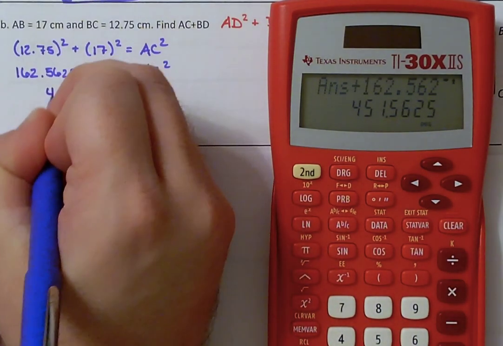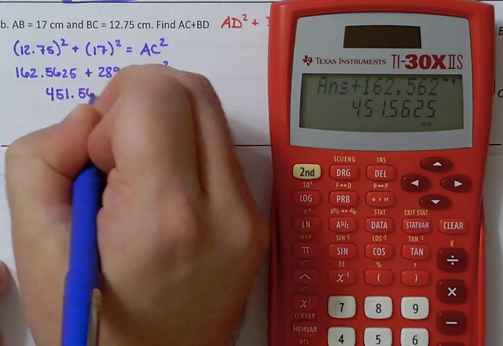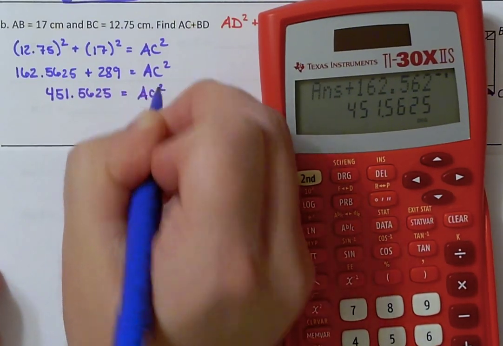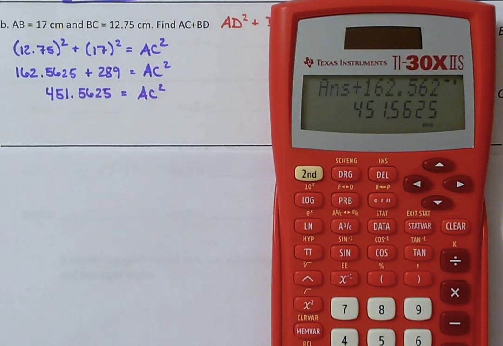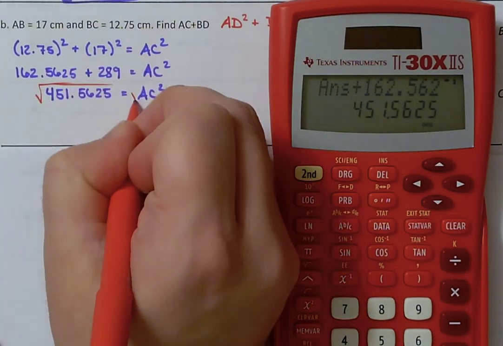So we got 451.5625, and that's going to equal AC squared. Now that I've added it together and I have the square on the other side, to get rid of the square, we're going to take the square root of both sides.